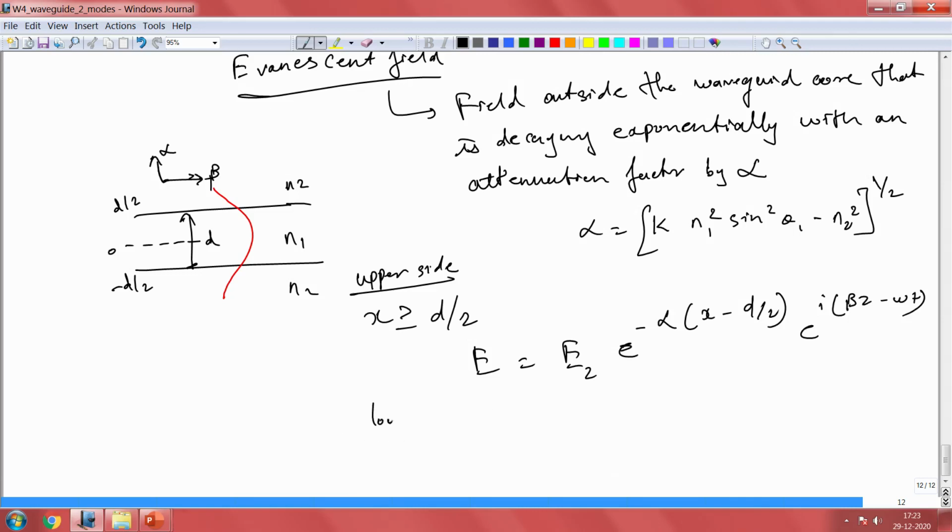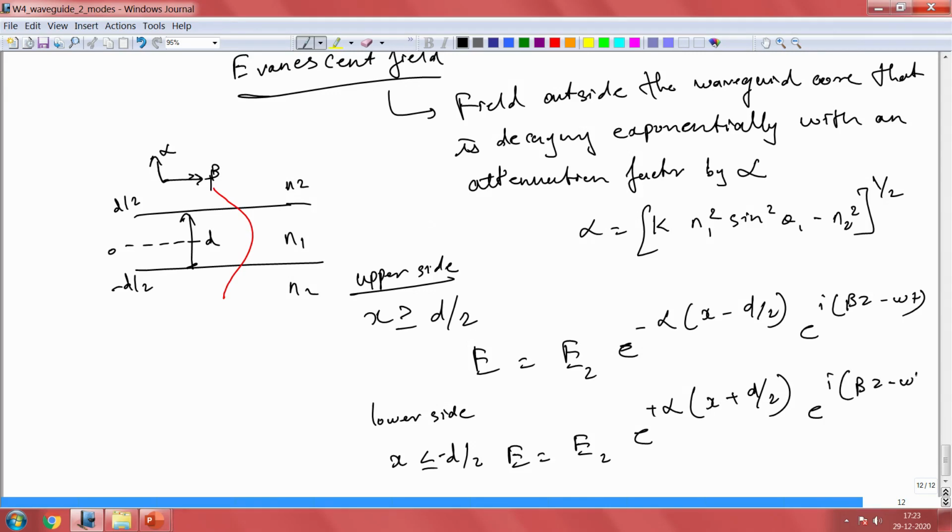Similarly, for the lower side, where we have x less than or equal to minus d by 2, your E is nothing but E2 e to the power of plus alpha (x plus d over 2) times e to the power i(beta z minus omega t). So, this is how you will have the electric field decay when it is outside the core of this waveguide.